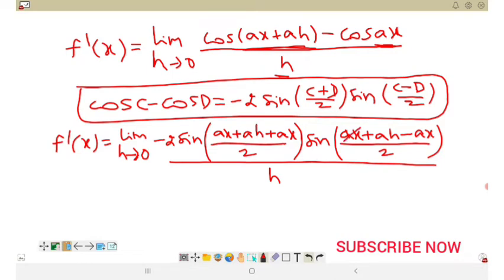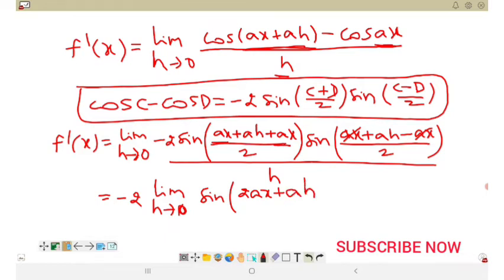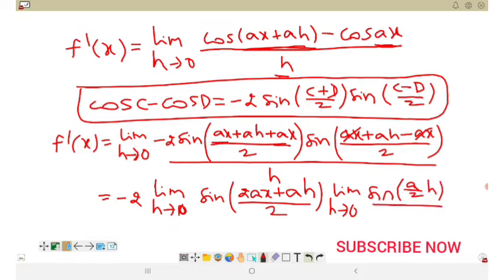So here plus ax minus ax cancel. Now write minus 2 into limit h tends to 0, sin of 2ax plus ah by 2, into limit h tends to 0, sin of a by 2 into h by h.